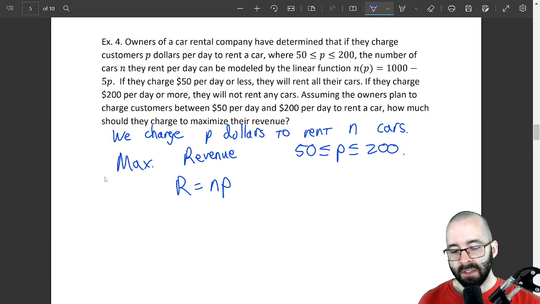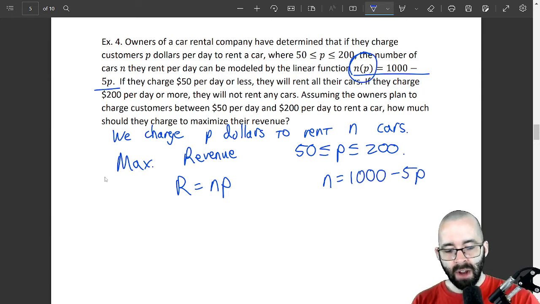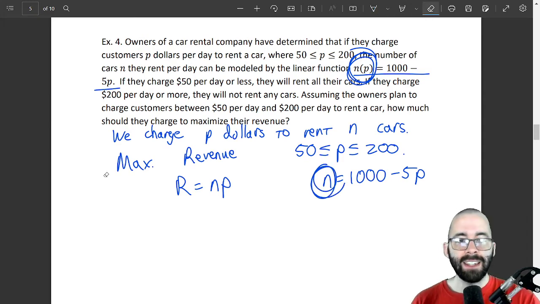Step 4 is finding an equation that relates our variables. Find an equation that relates N and P. I found it: N equals 1,000 minus 5P. You can either write it with function notation or just as the variable itself. These are identical.